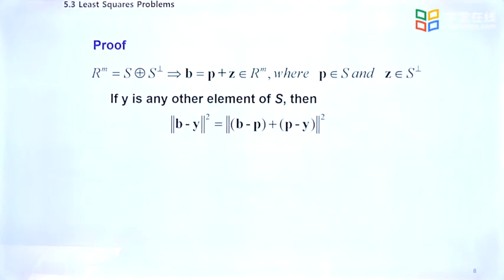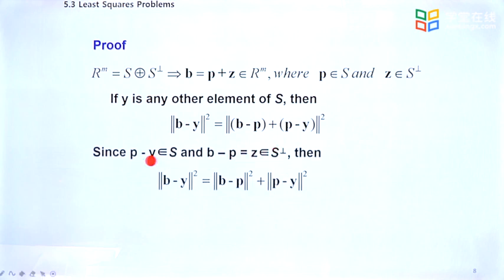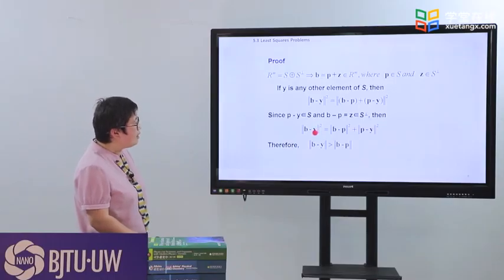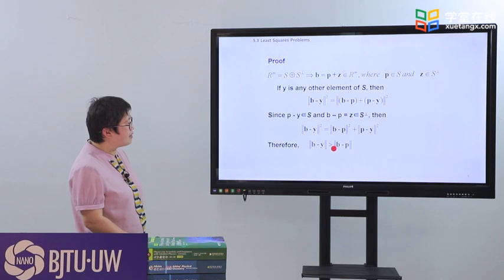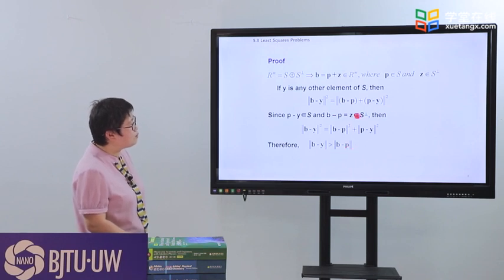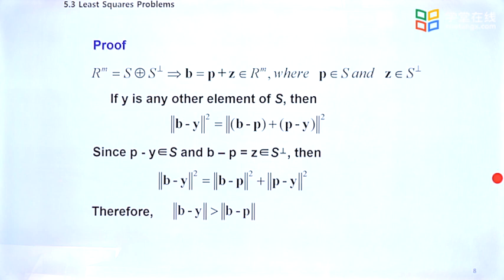And because p minus y is in S and b minus p is in S orthogonal complement, we have the length of b minus y to the power 2 equals the length of b minus p to the power 2 plus the length of p minus y to the power 2. Then the length of b minus y is greater than the length of b minus p, because the last term is non-negative, and it is greater than 0.